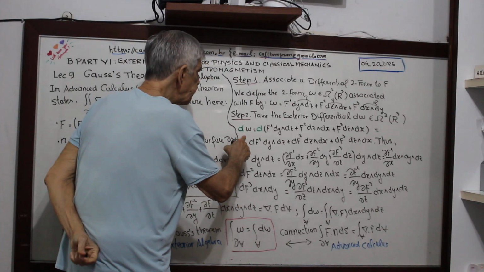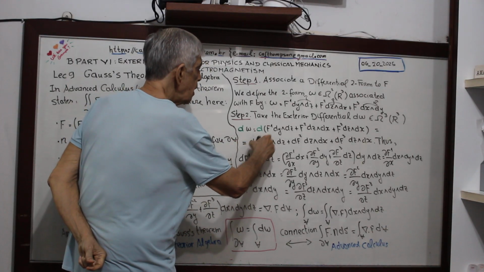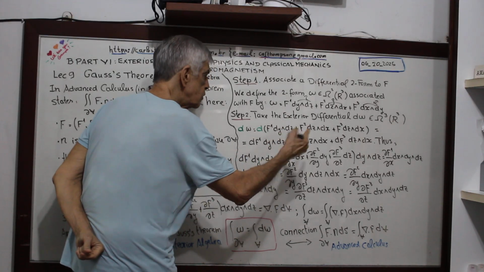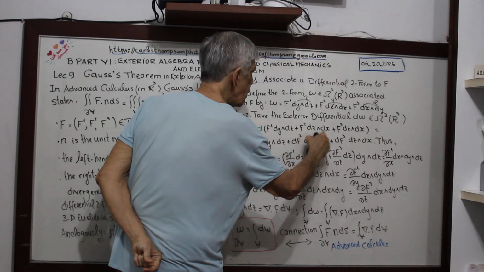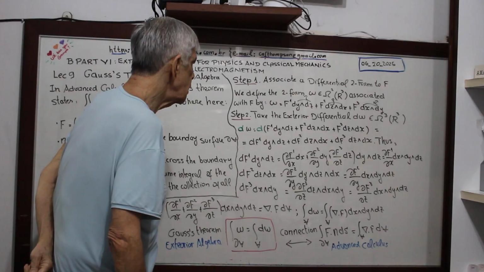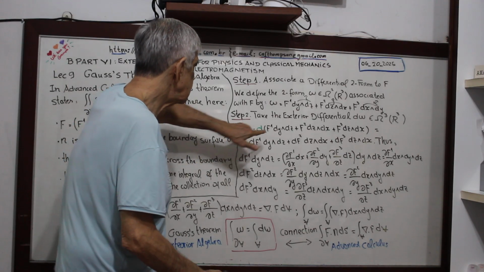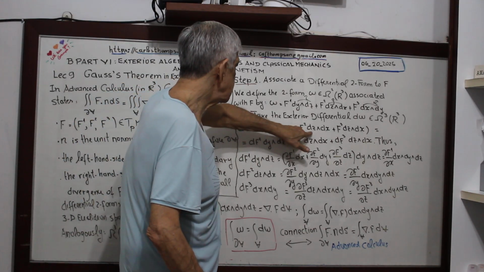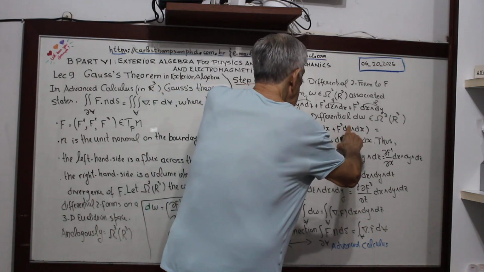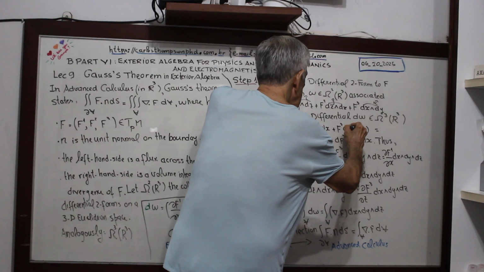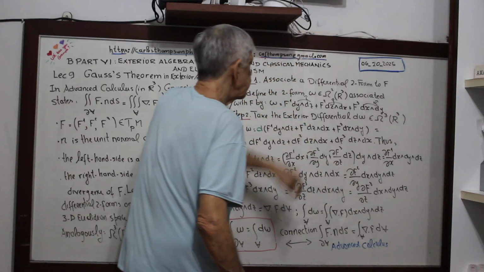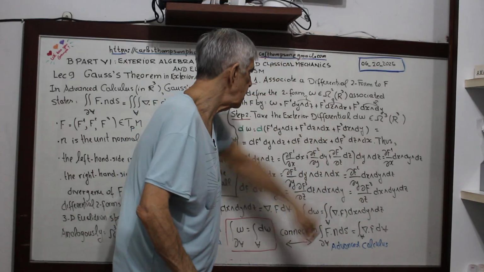Now, d omega is d of F1 dy wedge dz, plus F2 dz wedge dx, plus F3 dx wedge dy. Notice the cyclic order: y, then z, then x.